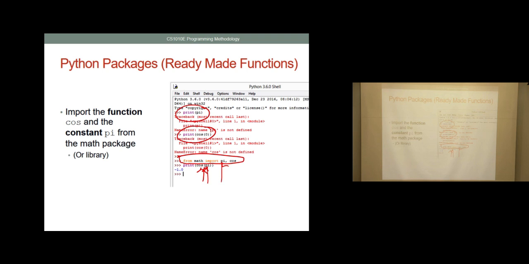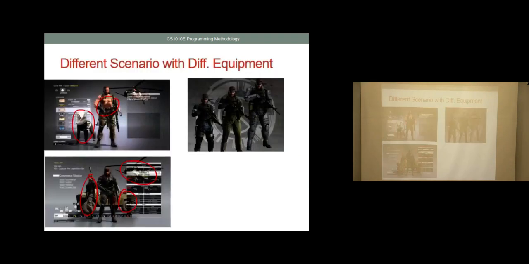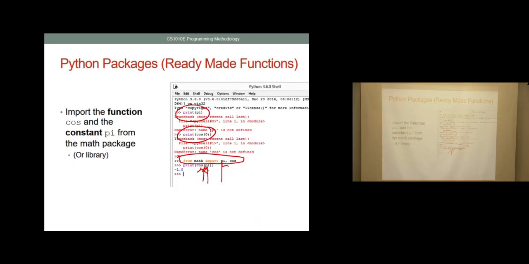So the difference between this and the previous one is, this one, you go to the math library, you directly import that function or that constant you know. It's like I go to the NUS main library, I know exactly which book I need, and I go and get that book and just borrow it to my home to use.